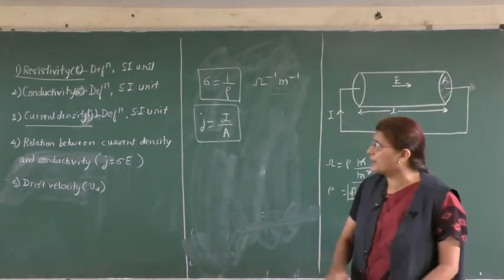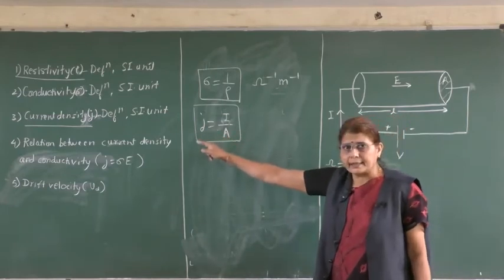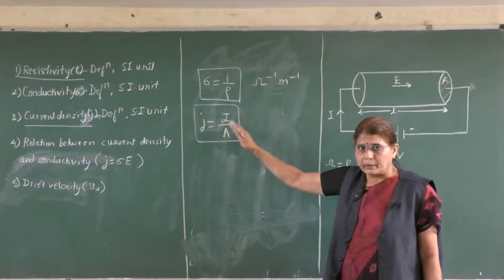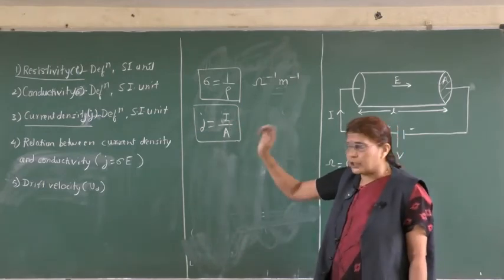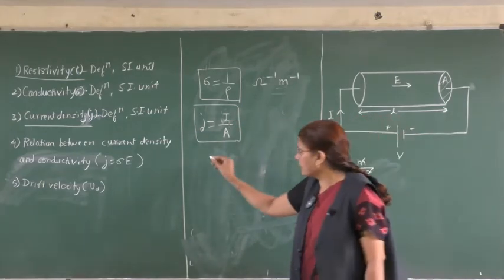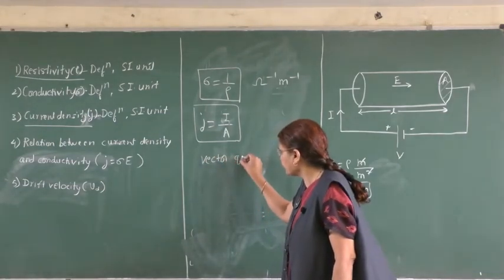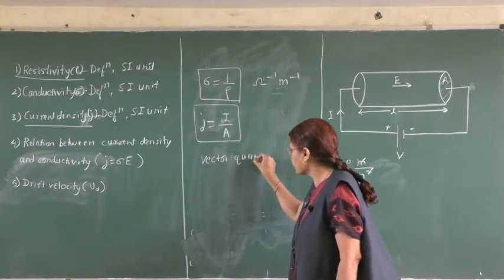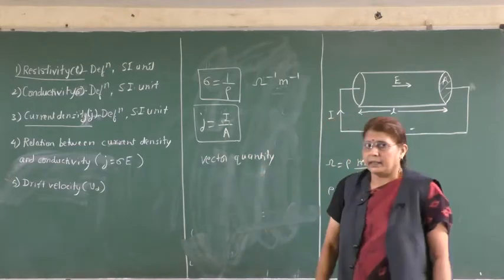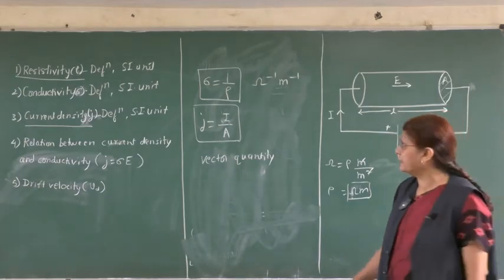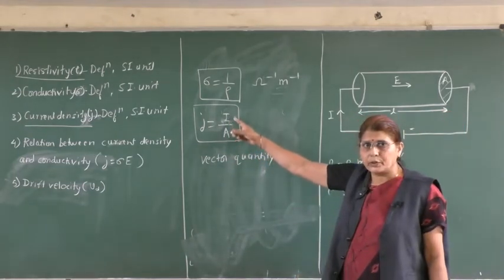So current per unit area is called current density, because we are taking a particular orientation of the area. That is why current density is a vector quantity. Now how to find the SI unit? The SI unit is very simple. In the last lecture I told you the unit of current.